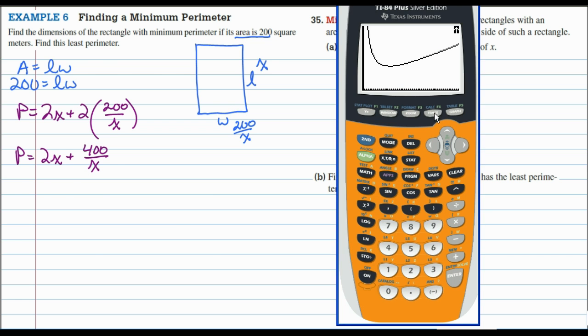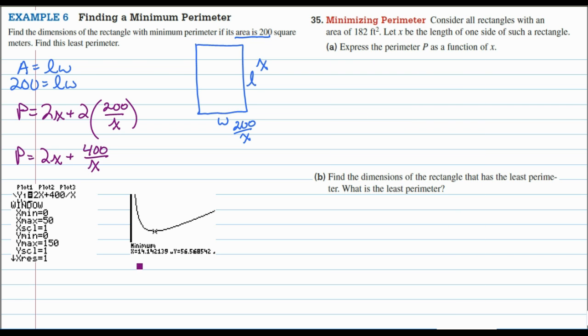So now I'm going to calculate my minimum. I can see the minimum is at 14.14 and 56.57. So what does that mean? Well, my x value in my calculator, I programmed it so that x represented the length. So the length is 14.14 meters.